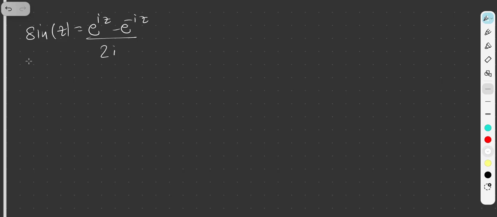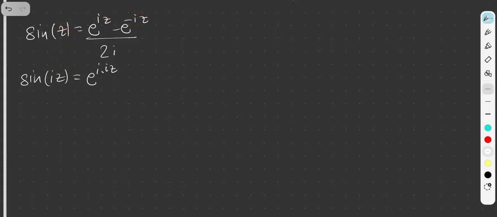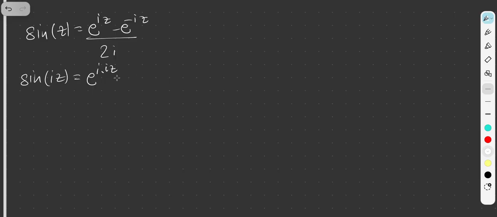Our next step is to talk about sine of iz, right? So sine of iz is going to be e to the i times iz, basically I have just replaced z with iz, so iz is the argument, minus e to the minus i times iz over 2i.